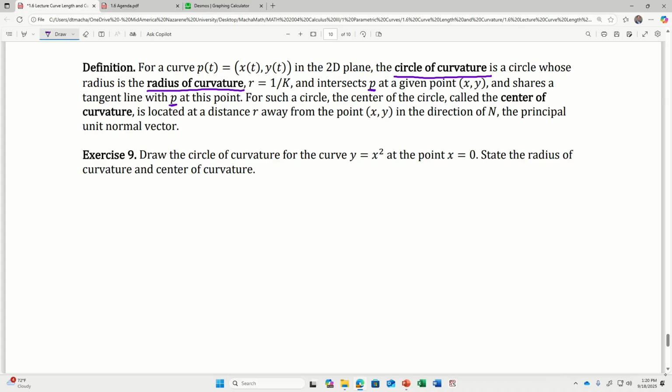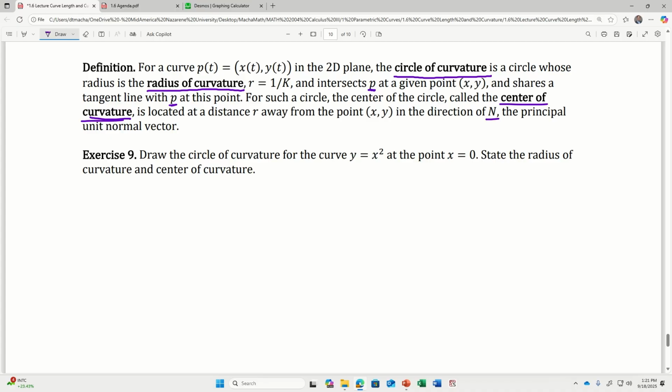For such a circle, the center of the circle is called the center of curvature, and it's located at a distance r, remember r is the radius of curvature, away from the point where it intersects with your parametric curve in the direction of the principal unit normal vector.